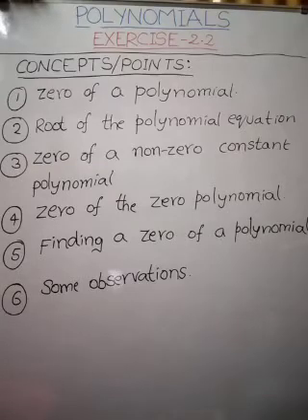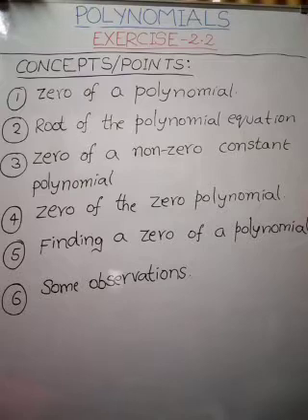Hello, my dear children. In the previous class, we discussed what is meant by a polynomial, which algebraic expressions are called polynomials. Next, what are the terms of a polynomial, what are the coefficients of the terms of a polynomial, what is meant by zero polynomial, what is meant by degree of a polynomial, and how to find the degree of a polynomial.